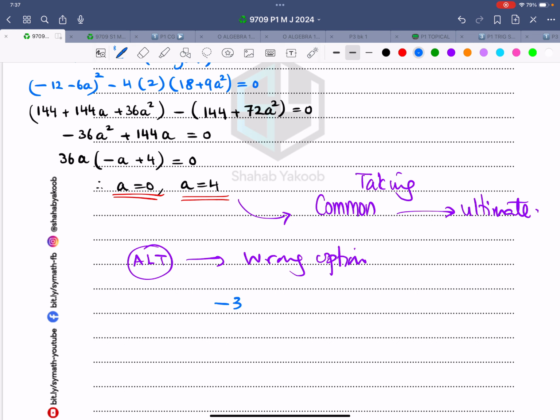So therefore, negative 36a square plus 144a is equal to 0. So negative 36a square is 144a, and divide by a, that is negative 36a is 144.